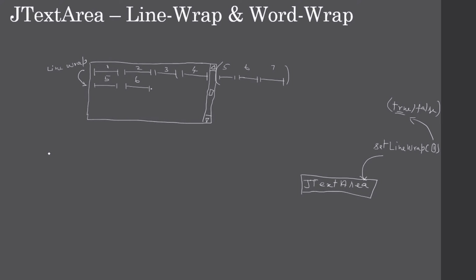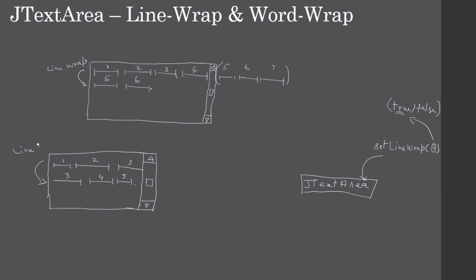Now let's consider one more situation here. If you see, the line wrap is actually appearing. This is weight 1, weight 2, and the next weight: half of it is in the first line and the second half is in the second line. So the weight is broken into two lines.